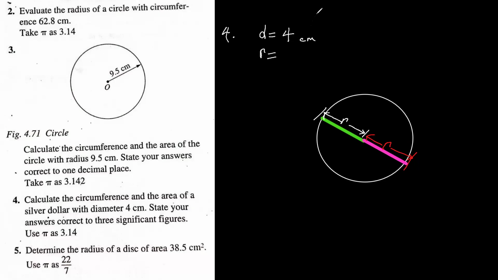Yes, sir. I didn't hear the answer you gave me. I said 2. Right, that's correct. If the diameter is 4, then the radius must be half of 4.